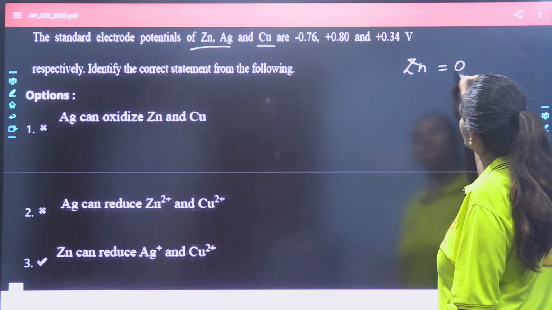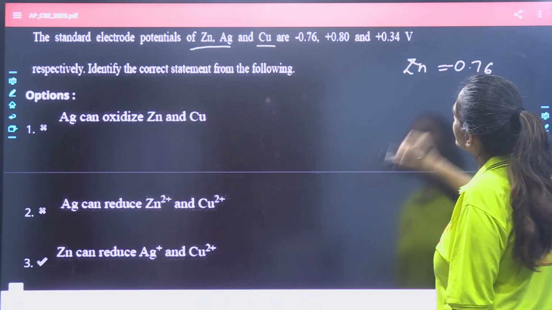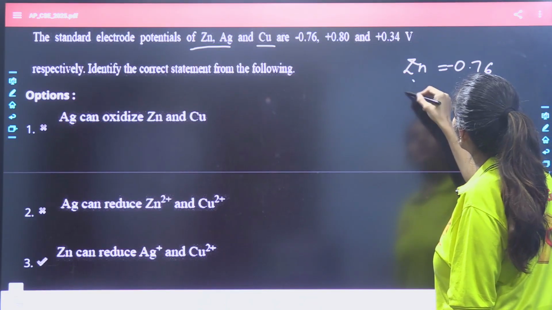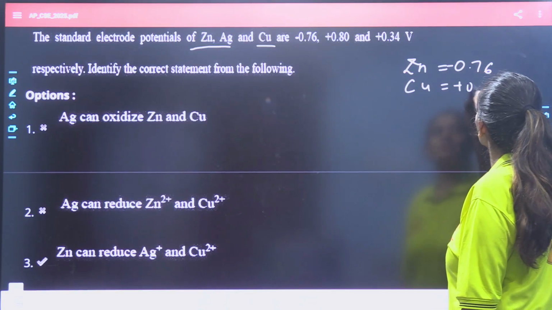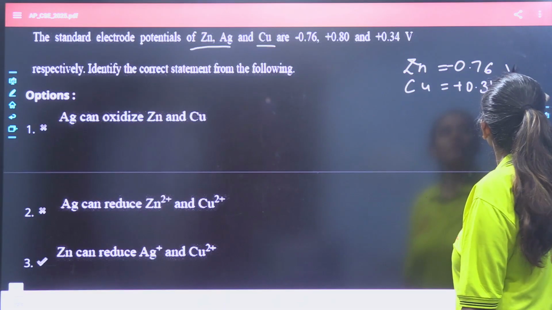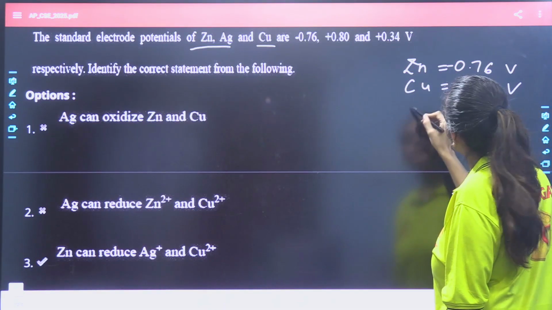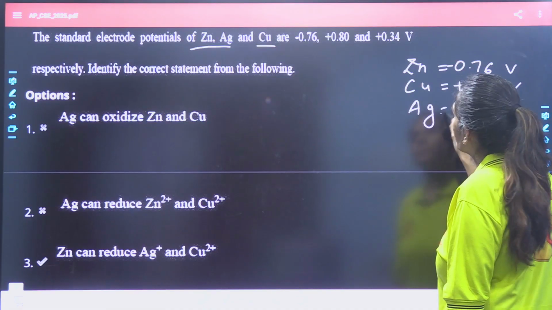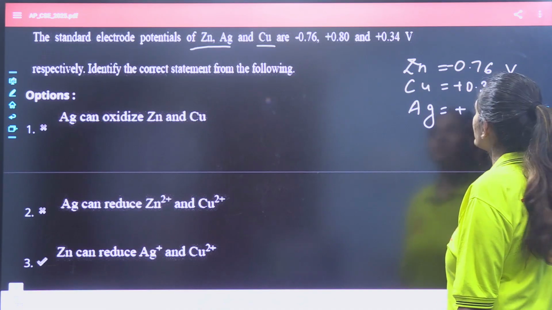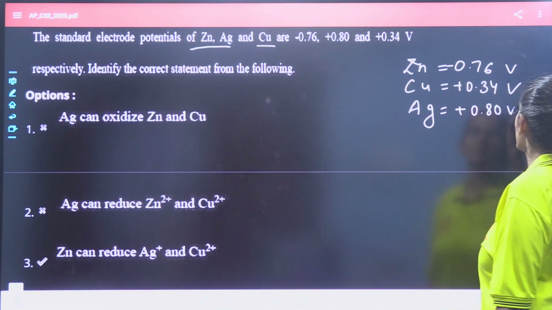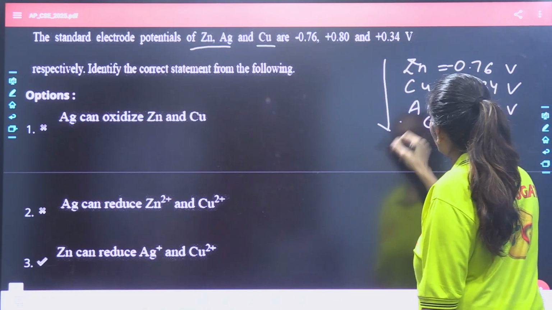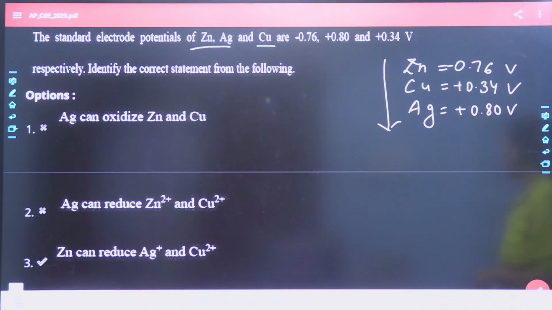Zinc, minus 0.76, then next we have copper, and then the last one would be silver, that is plus 0.80 volt. This is what we have arranged in the increasing order, like in the electrochemical series.